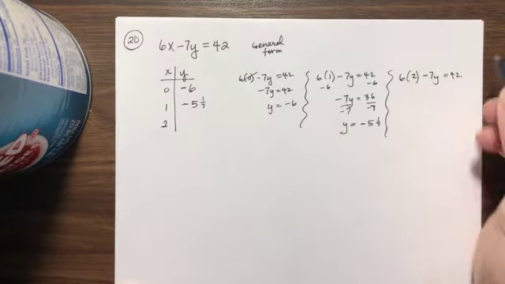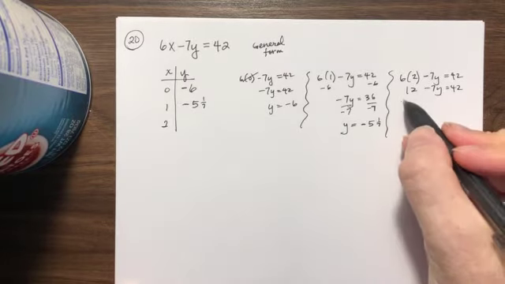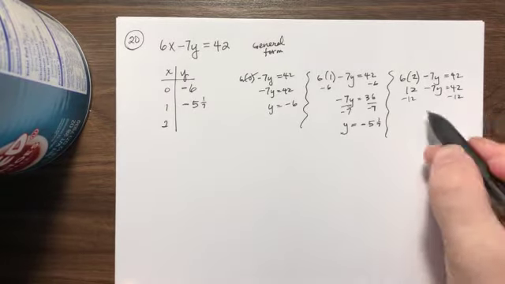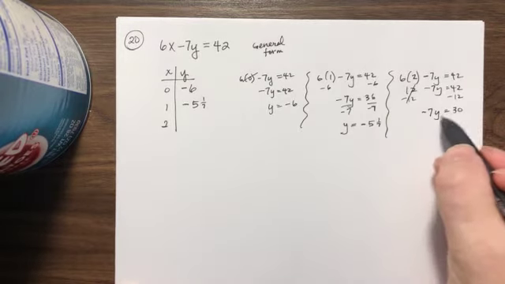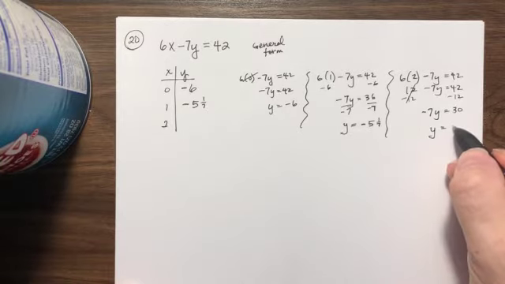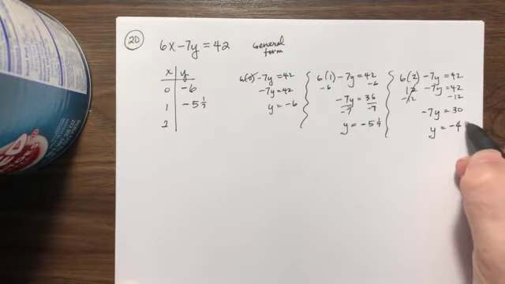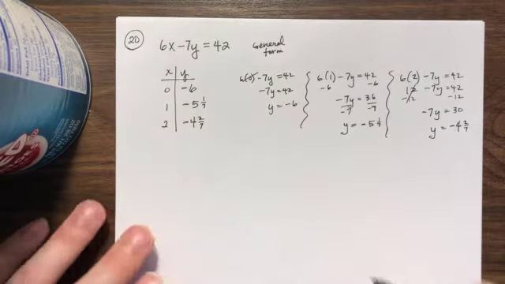And then one last one, we're going to say 6 times 2 is 12. And then I'm going to subtract 12 from both sides. And that gives me 30. And then when I divide by negative 7, it goes into there negative 4 times with about 2/7 left over. So it's around negative 4.